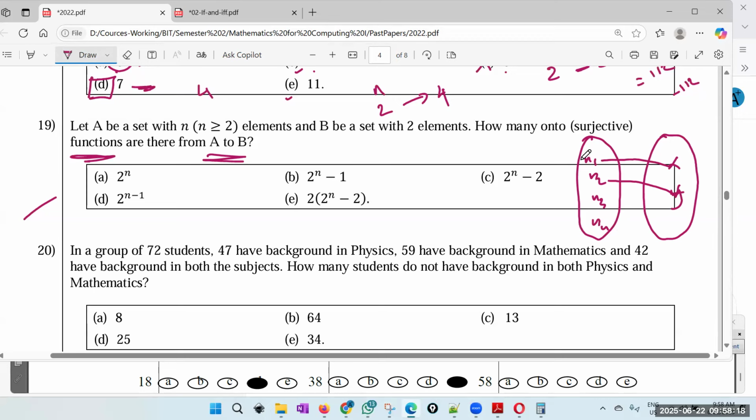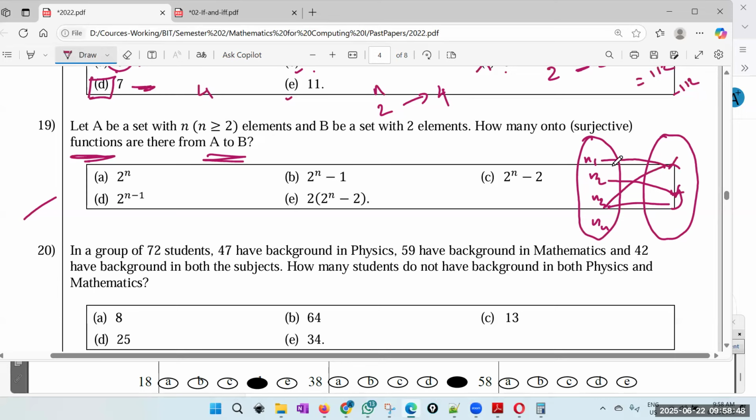Now, how many possibilities? That means 3 elements map to 2 elements, right? This and this. And then this one can map to this, or this one can map to this. That is one possibility. Then this one can map to this. That is another possibility. So that is two possibilities, but here they can swap.